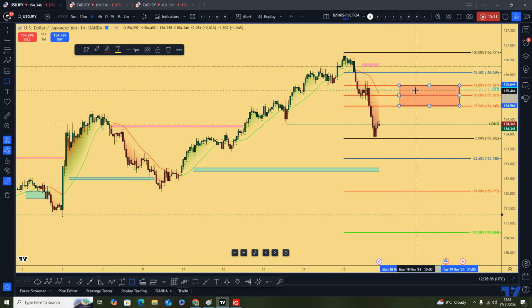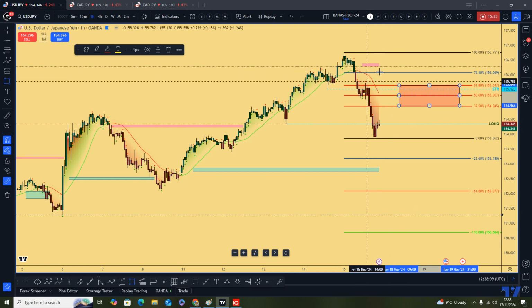They may get there, they may even go above it. But we have a retest point here, this magenta rectangle. That could be a good area.